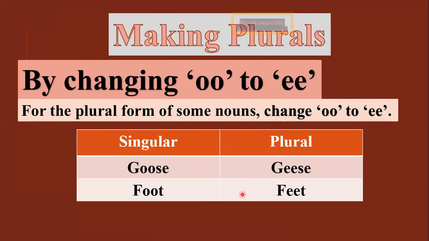So start writing, everyone. Give the heading making plurals, then write with a black pen by changing U to E, double O to double E, and then with the blue pen you can continue and you have to make the column and do it like this, the way I've written.